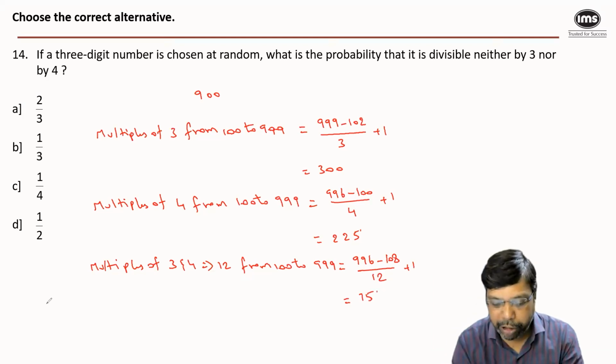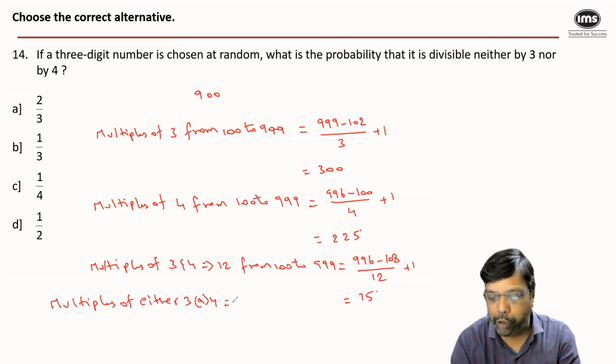Hence, 3-digit numbers which are multiples of either 3 or 4 is equal to 300 plus 225 minus 75, which is equal to 450.